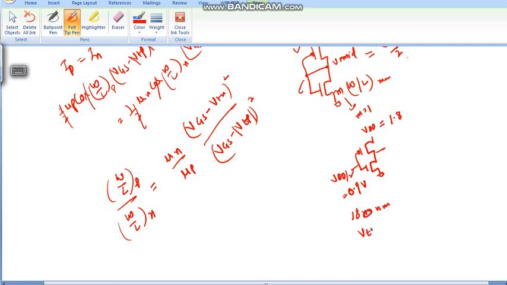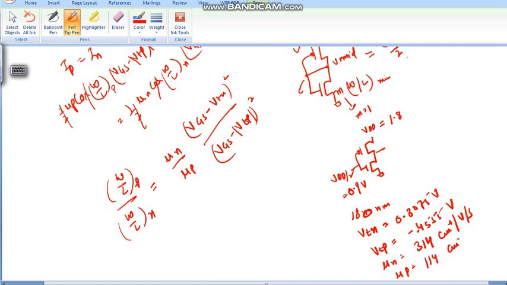Here VTN for NMOS is approximately 0.3075 volt, and VTP equals minus 0.4555 volt. Mobility for NMOS is 314 cm² per volt per second, and mu P equals 114 cm² per volt per second. We will put these values in this equation.